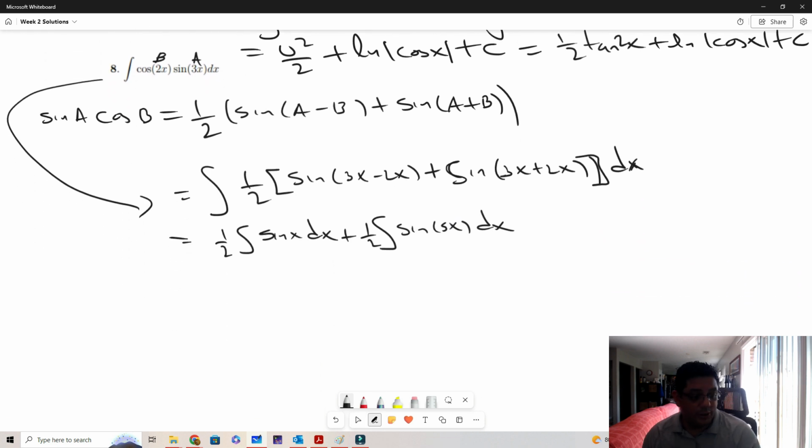And those are going to be much easier to manage. The integral of sine is minus cosine, so minus 1/2 cosine of x plus, and then 1/2. And so the integral of sine, again, is minus cosine, but because it has a 5, then it produces minus 1/5 cosine of 5x.